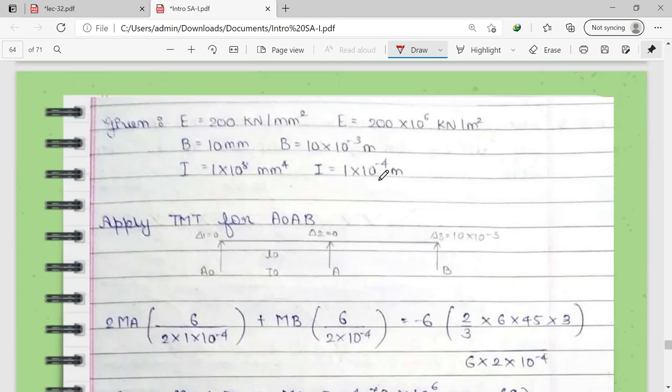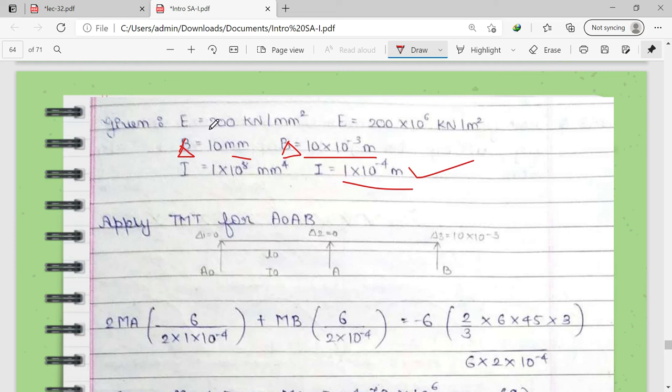Why is this 10 to the power minus 4 considered? Because the I value is given as 10 to the power 8 mm to the power 4, so we have to convert this I value into meter. This is a very important step. Also the delta value is given as 10 mm, so the delta factor also needs to be converted into meter.